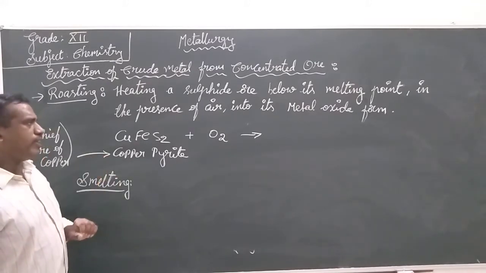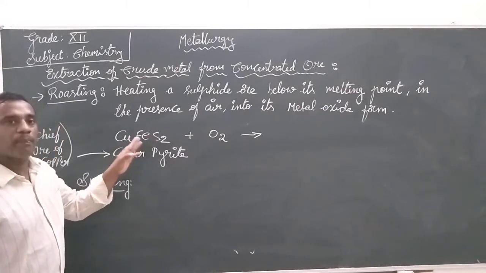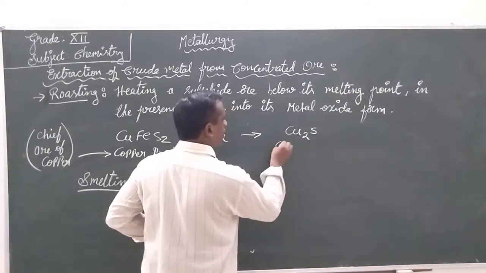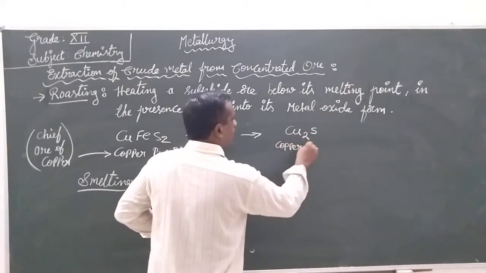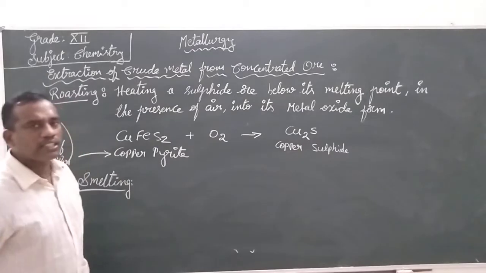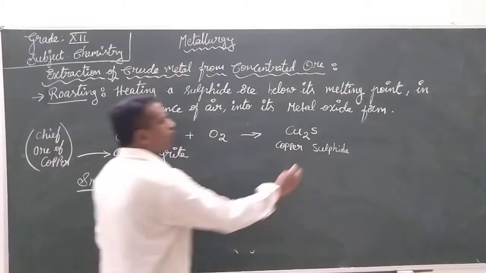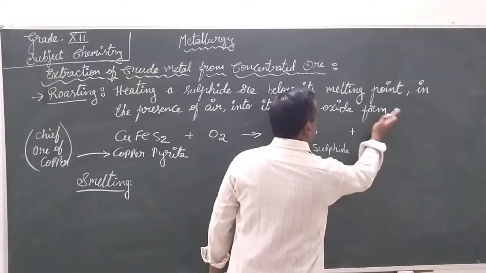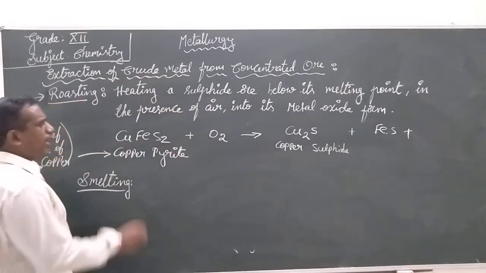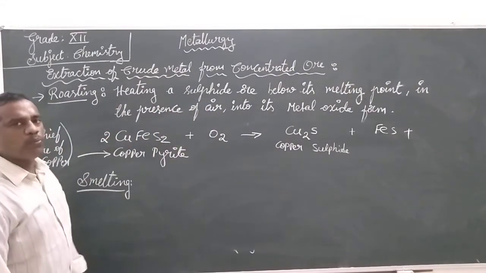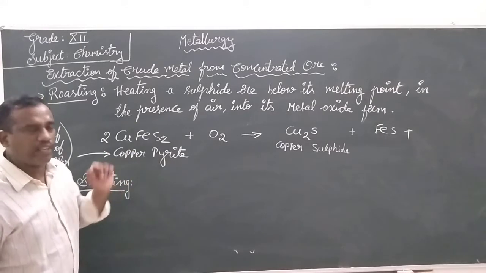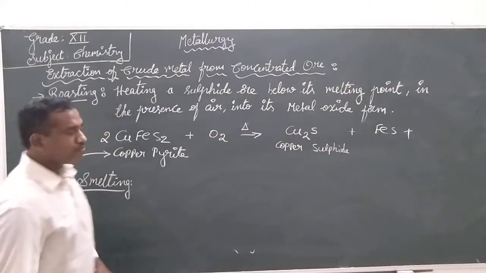If we go on heating, the copper will be separated along with sulfur to form copper sulfide, and iron also will be converted into its iron sulfide form. For balancing, I am using 2 moles of copper pyrite, heated in the presence of air.